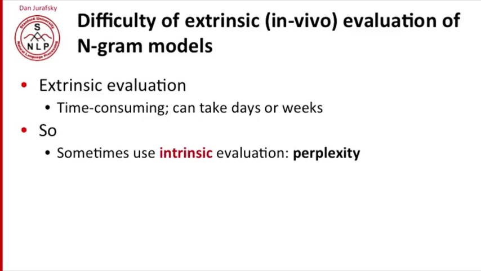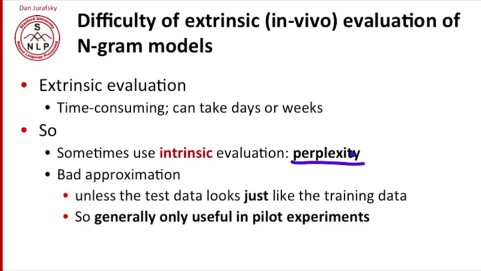And the most common intrinsic evaluation is called perplexity. Now, perplexity happens to be a bad approximation to an extrinsic evaluation unless it turns out that the test data looks a lot like the training data. So generally, perplexity is useful only in pilot experiments, but it does help to think about the problem, and it's a useful tool as long as we also use extrinsic evaluation as well.